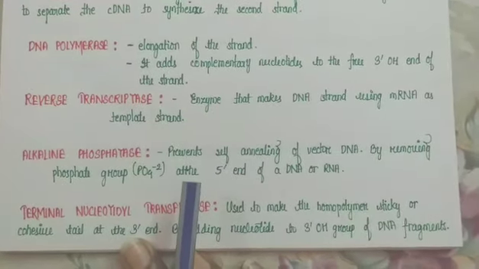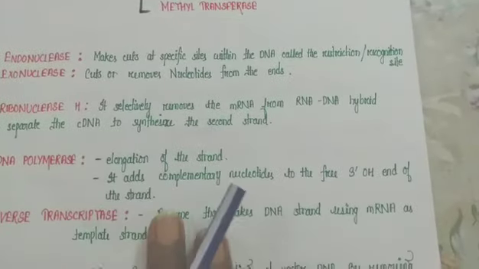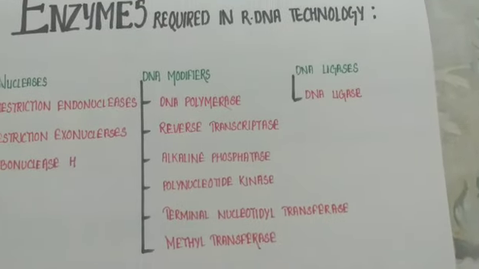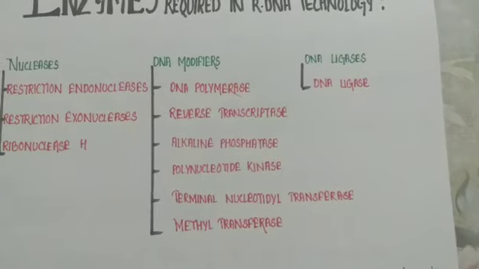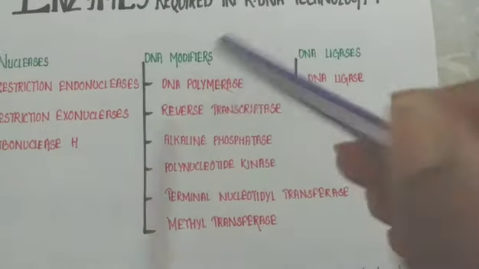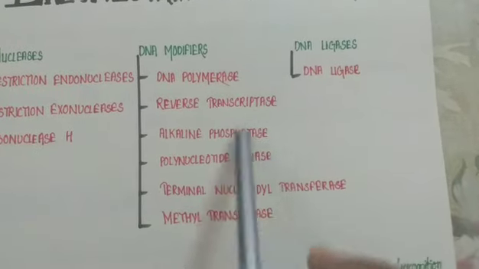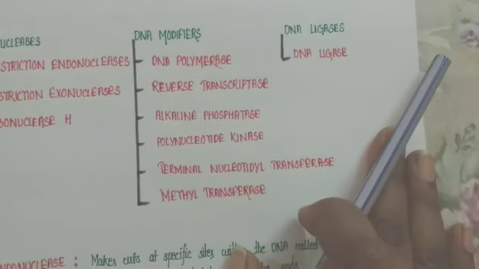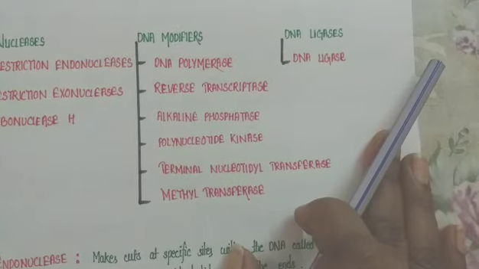Now let's come to the modifiers. DNA modifiers are those enzymes which, after cutting the DNA, are used in order to properly insert the foreign DNA, which is the gene of interest, into the vector.